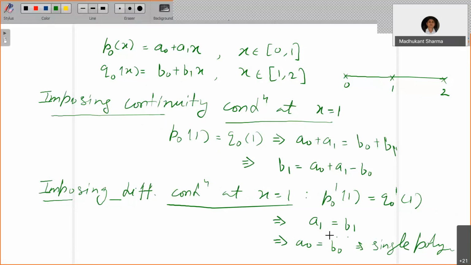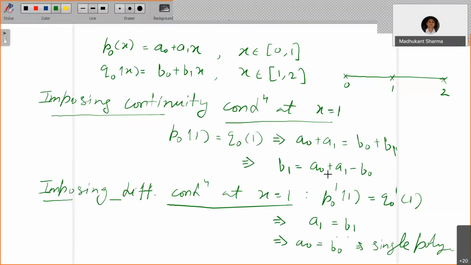Okay, right. So if you wish to retain the piecewise structure, you can only impose the continuity condition at x equals 1. So still the piecewise structure will remain there.